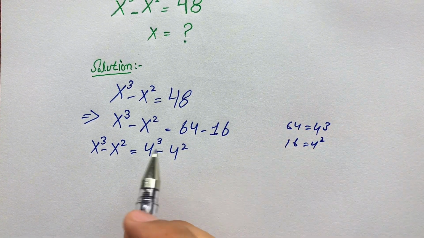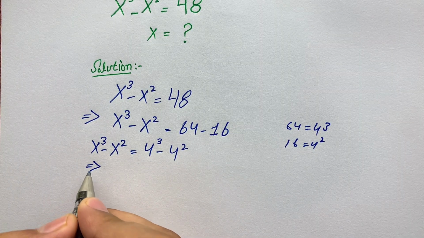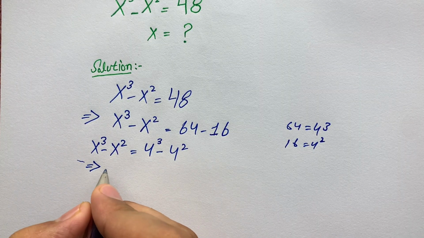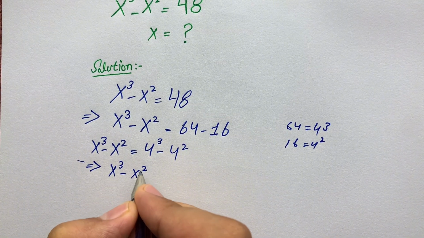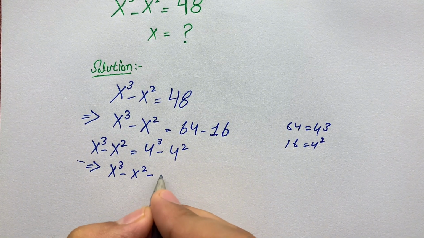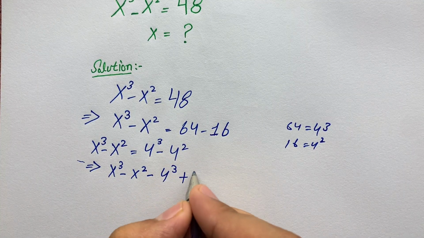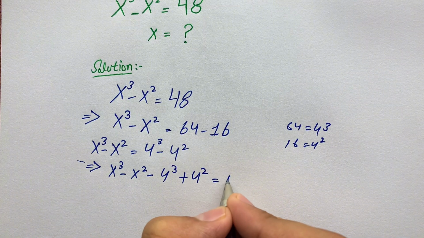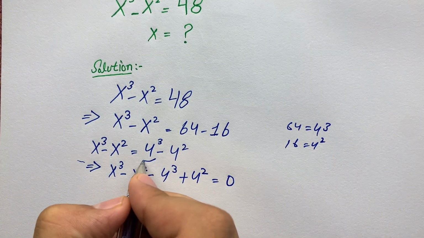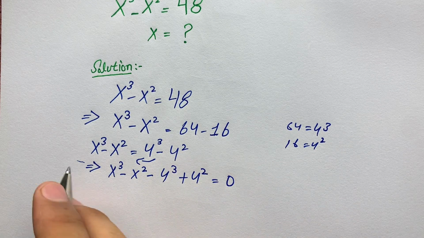So in the next step, this will be x^3 - x^2 - 4^3 + 4^2 is equal to 0. We move this to this side.